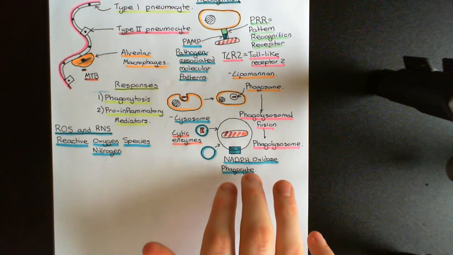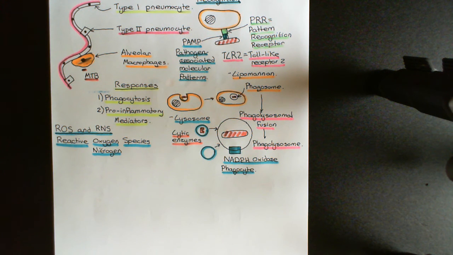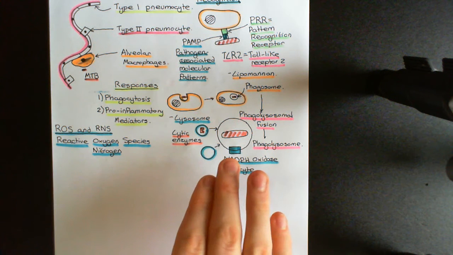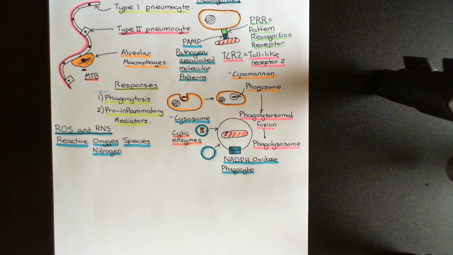So you have some of the components of the NADPH oxidase already in the plasma membrane, but they're not doing anything because they haven't formed the full complex. When you phagocytose a pathogen, you will end up with these proteins also being present in the phagosomal membrane.